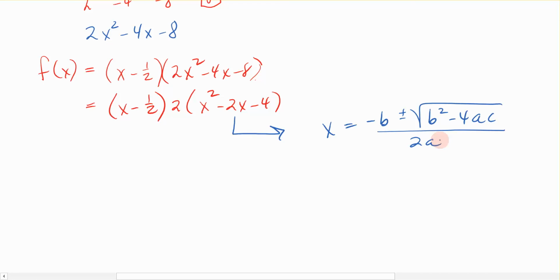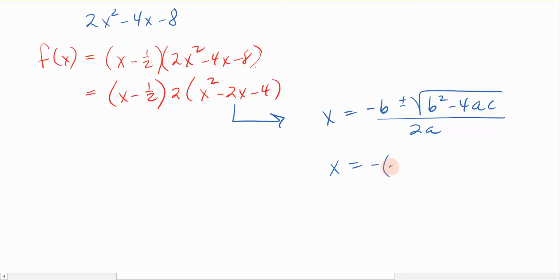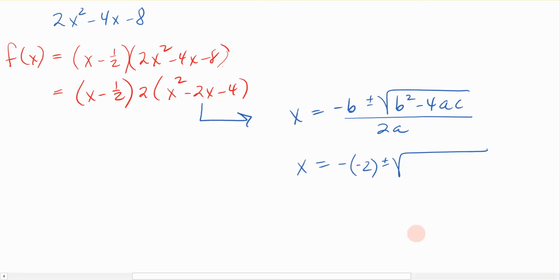So now let's figure out what x is. b is a negative 2, so I have the negative of negative 2, plus or minus the square root of negative 2 squared minus 4 times a, which is 1, times c, which is negative 4, all over 2 times 1.